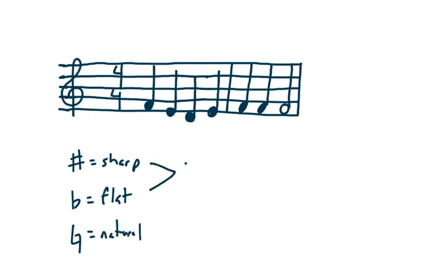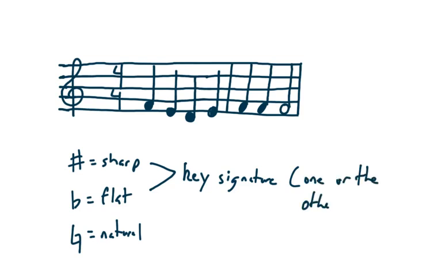These lead to the key signature, but one or the other, not both. Some of you had that question many times. You can always have sharps or always have flats, but never both. You just took a quiz on it Monday.